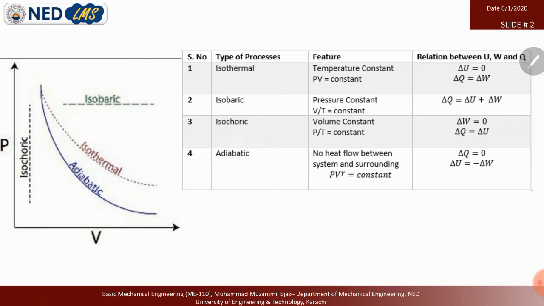Before starting this, once again let's revise the last lecture topic, so we can easily and smoothly solve numericals related to the polytropic process. First of all, I would like to revise that we have two processes in the start: compression and expansion.